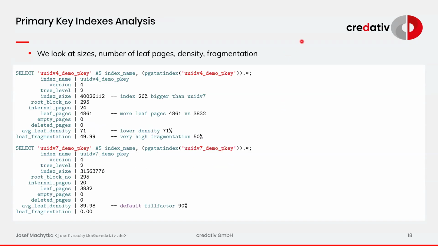And let's now look into indexes to understand what is the main issue with UUIDs version 4.